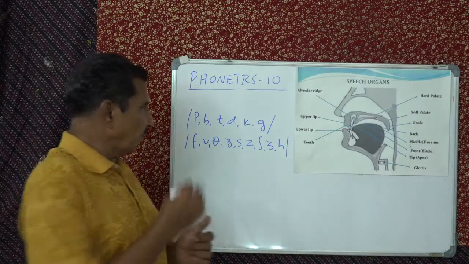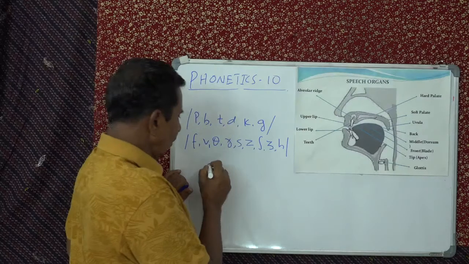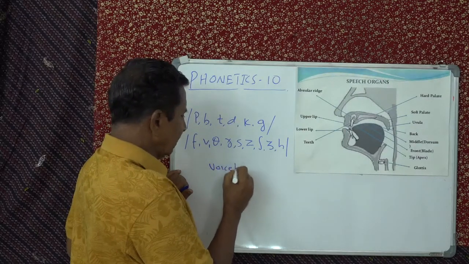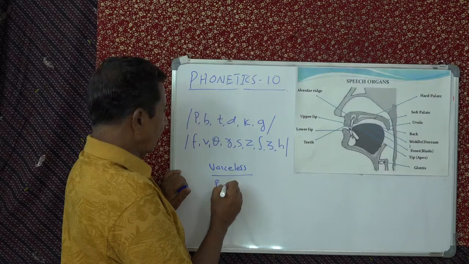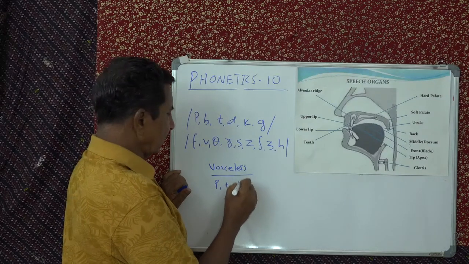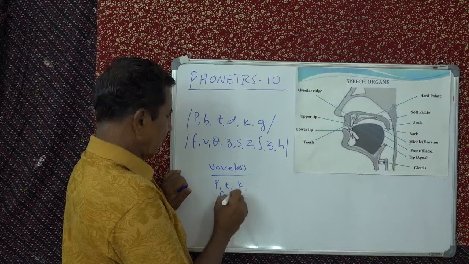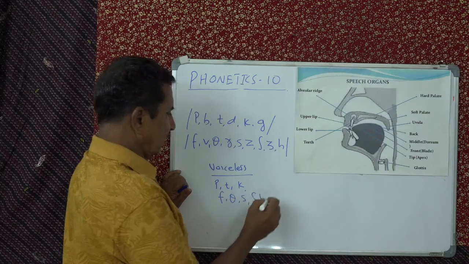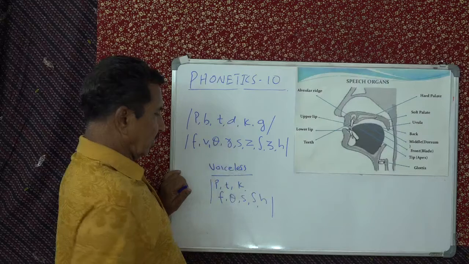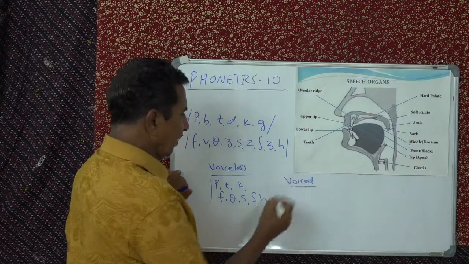Then we saw of these, the voiceless sounds. Voiceless means vocal cords do not vibrate. P, then T, then K, and of these, F, T, S, Sh, and H. These are voiceless sounds. Voiced means the vocal cords vibrate.